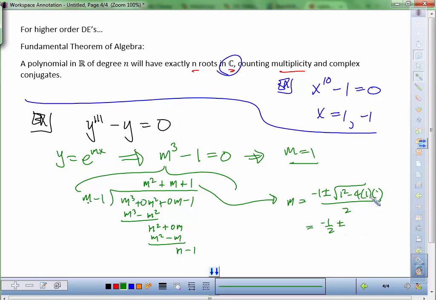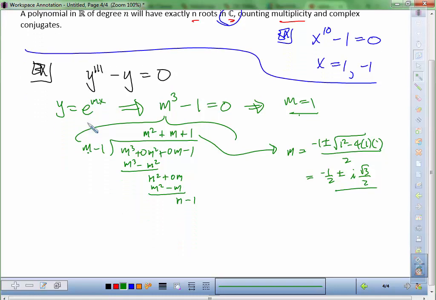This is going to be a negative 3 under the square root, so we'll just call it an i root 3. So I have one real root, I have two complex conjugates, so that's 3 solutions. And that matches with my order, so I know I have everything.